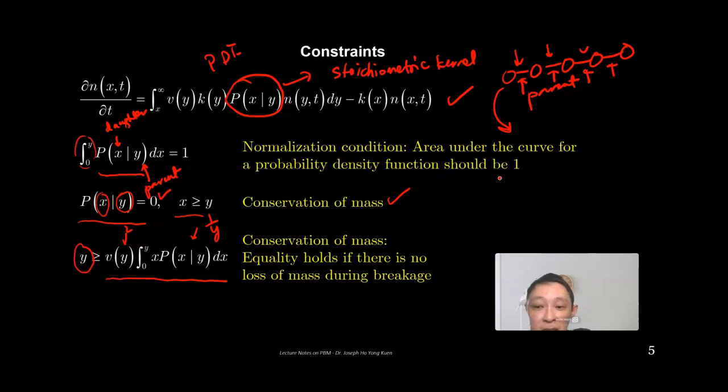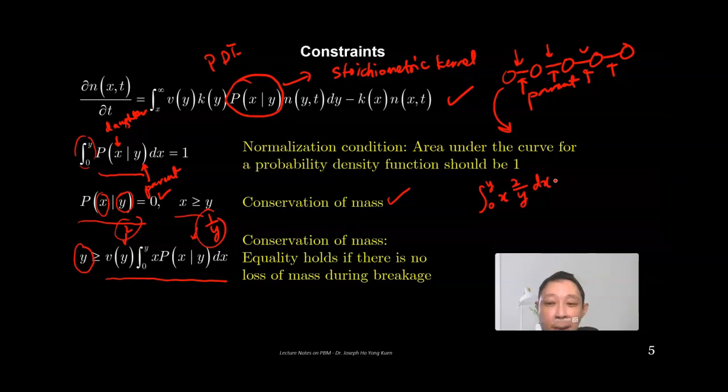So this integral here will be what? Integrate from 0 to y. You have x multiplied by 2 over y, dx. We expect that this integral should be less than or equal to y.